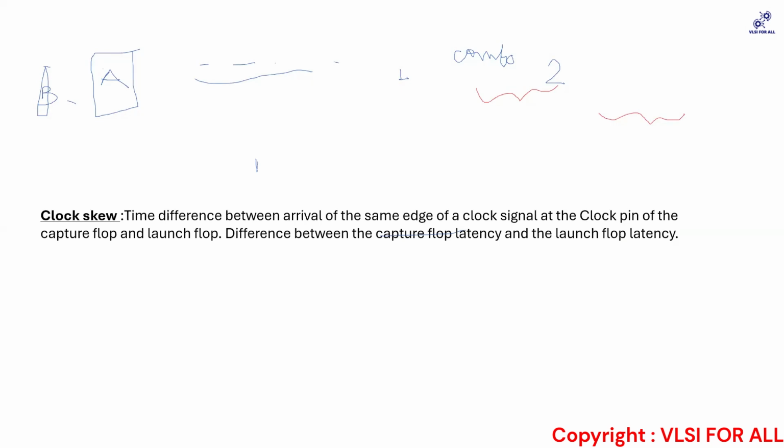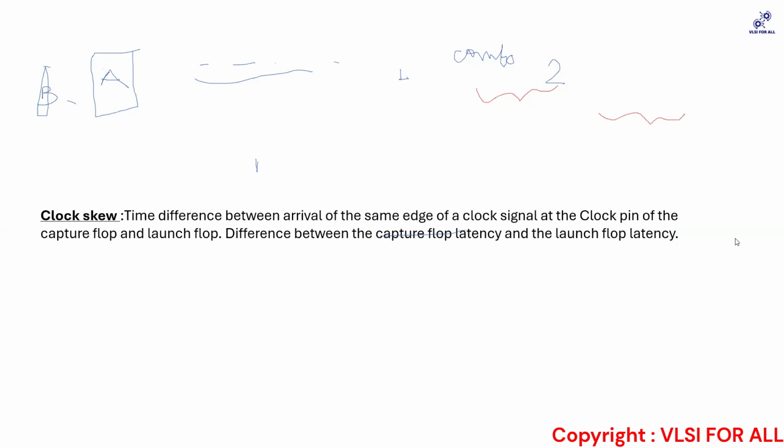The next concept is clock skew. You would have been familiar with clock skew. Can someone explain it to me? One person only is answering. I have two Shivas now. The one with SHIVA, are you there in the call? Yes, ma'am.